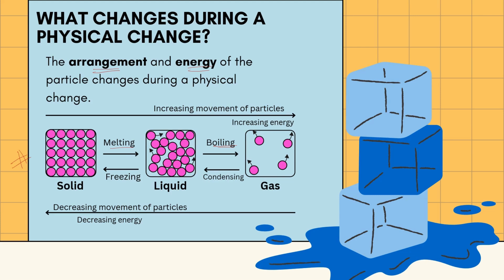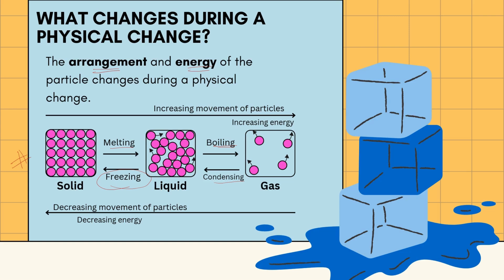Similarly, if we go backwards, we can reverse the process also. We know that when we remove energy, gas changes to liquid by condensing, and if we again remove energy from liquid, it becomes solid by freezing.